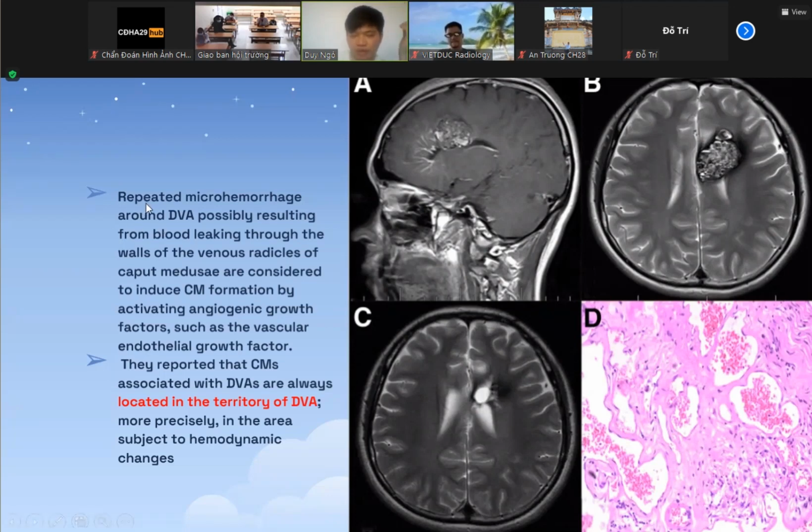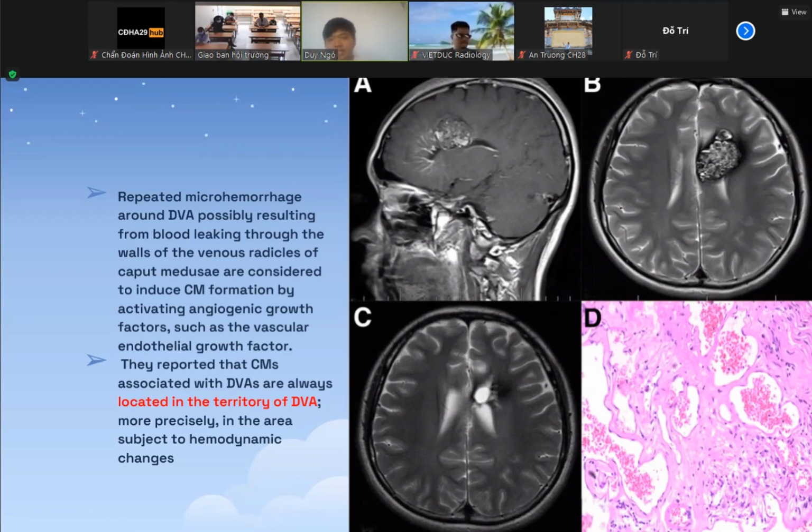There is a theory that repeated microhemorrhage around the DVA, possibly resulting from blood leaking through the walls of the venous radicals of the caput medusa, is considered to induce the cavernous malformation by activating angiogenic growth factors, such as vascular endothelial growth factor. So they think that due to the venous anomaly, the pressure and blood flow here can change.